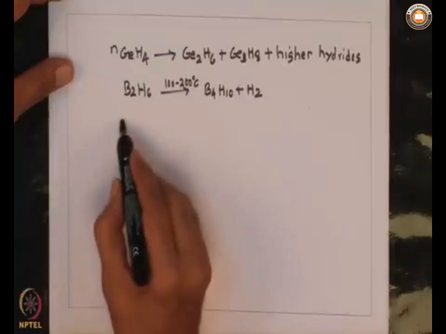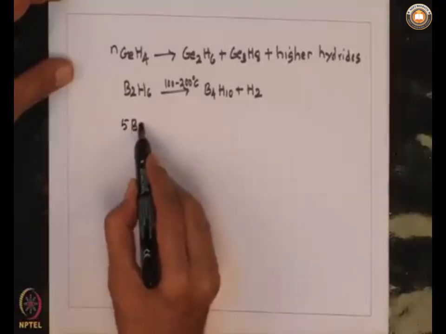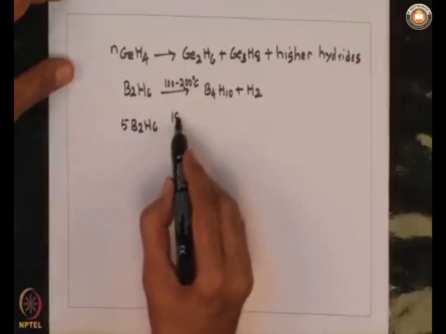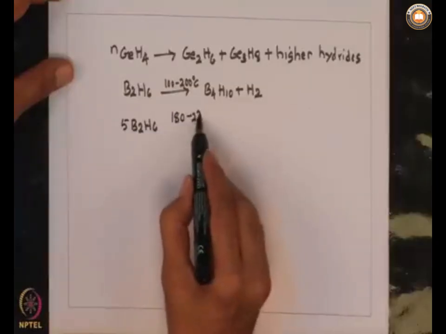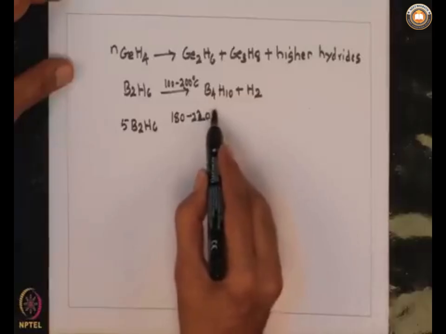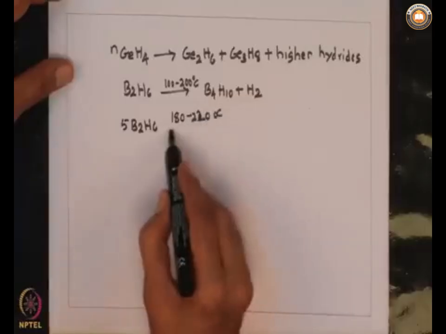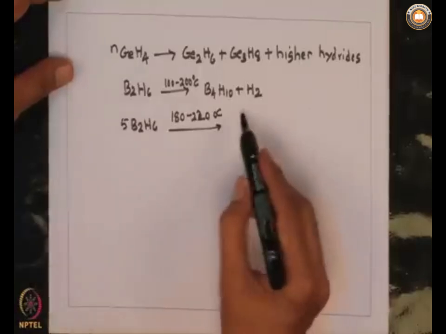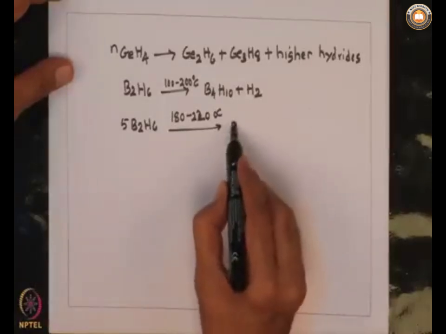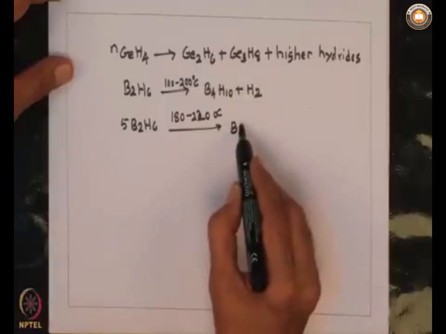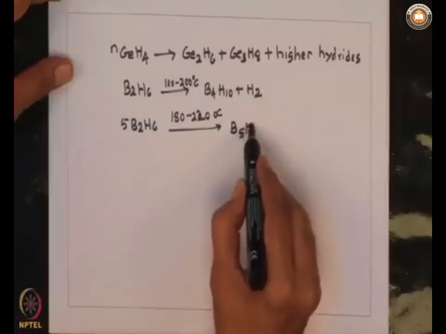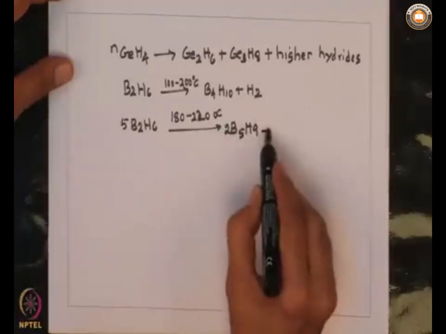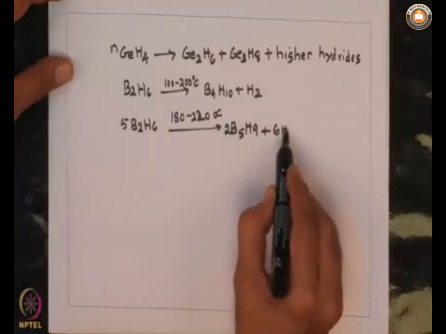Similarly, on heating B2H6 to a slightly higher temperature in the range of 180 to 220, it gives B5H9 plus 6H2.